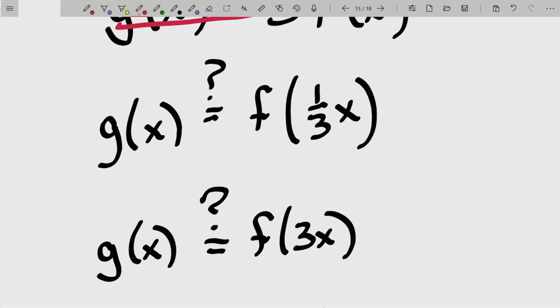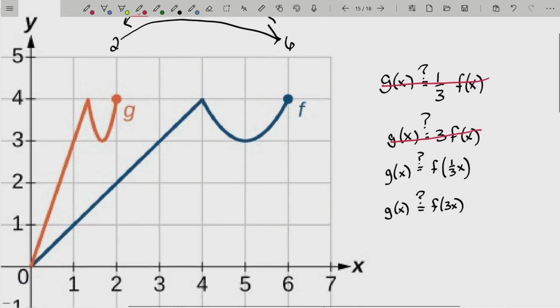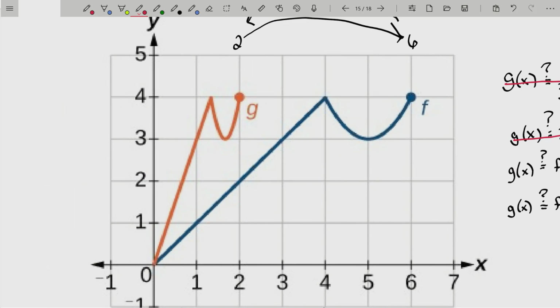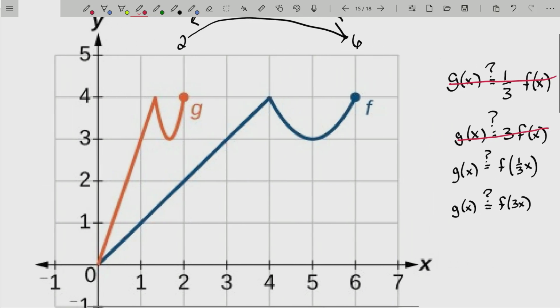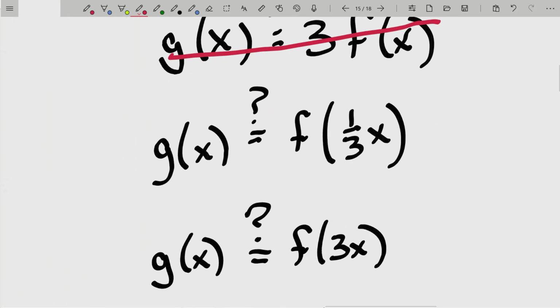And remember, by our theorem, f of some number times x is either a horizontal stretch or horizontal compression of our original function. And this is definitely a horizontal compression toward the y-axis. The question is, which of these two?